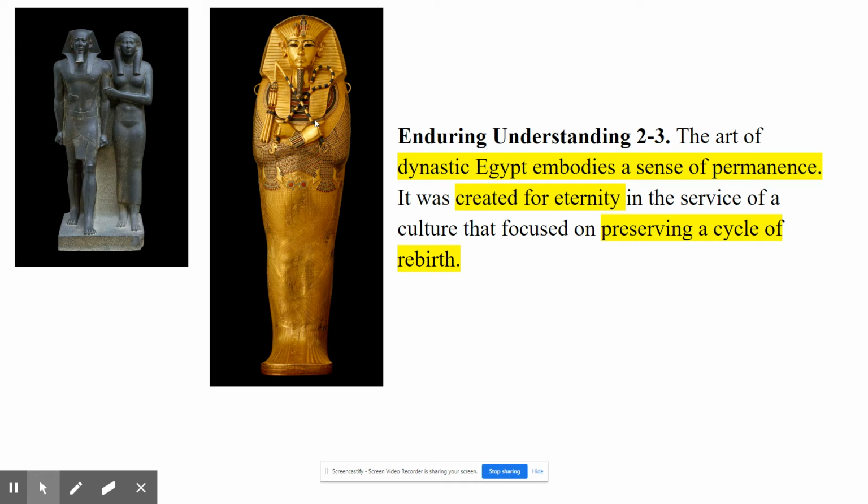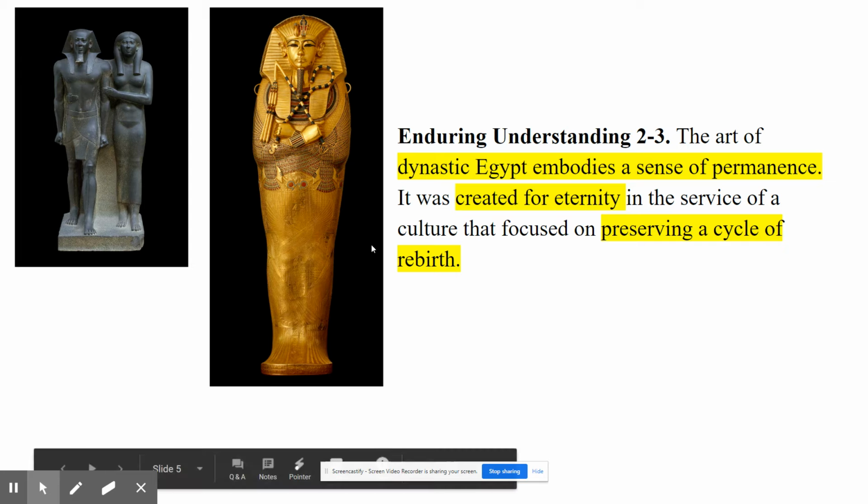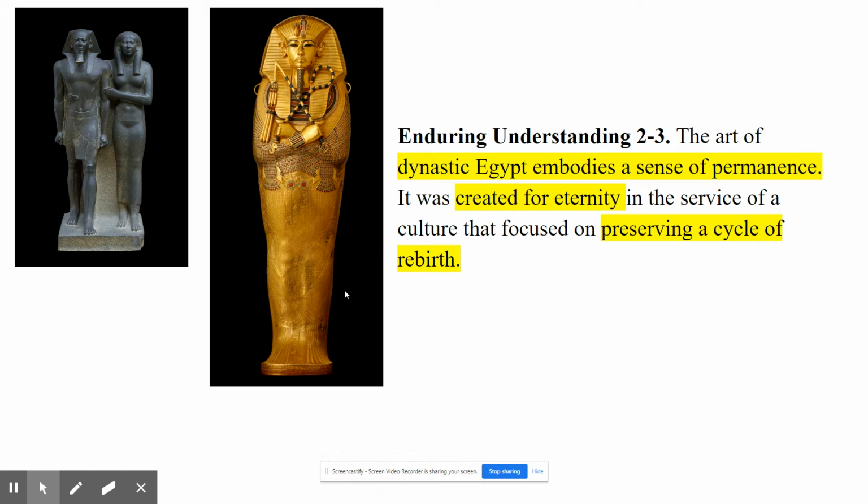We see that also in Tutankhamun's innermost coffin with the gold. This particular coffin was ensconced in another coffin, ensconced in another coffin. So there are layers and layers here. It's all about protecting the pieces so that the cycle of death and rebirth is protected.